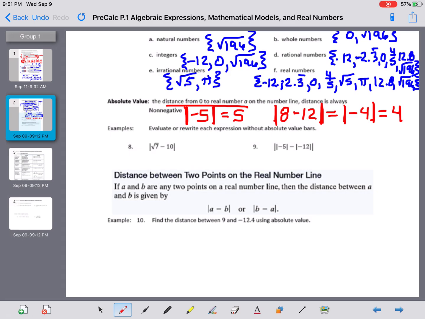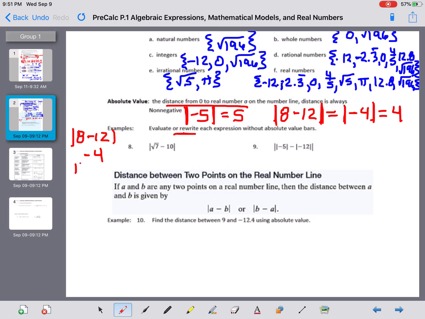Okay, notice on number 8 here for our first example, I'm evaluating or rewriting the expression without absolute value bars. So in a quick thought, I'm going to use that 8 minus 12 we used earlier. Well, if I just do the math, I get -4. I don't want the answer of -4 because it is negative.